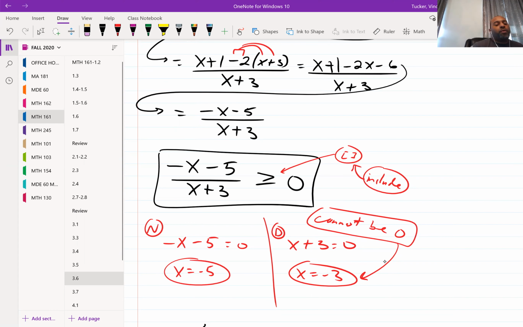But just like before, you set the numerator and denominator equal to 0 so we can establish our intervals. So negative x minus 5 equal to 0. Solving for x, you'll get x equal to negative 5. x plus 3 equal to 0 gives you x equal to negative 3. So from here, we'll set up our intervals.